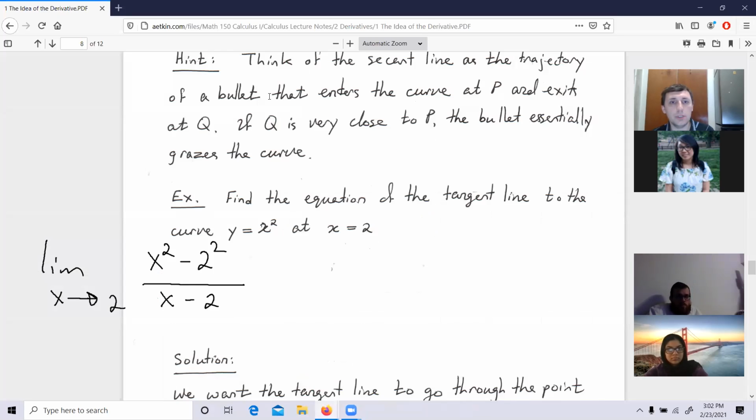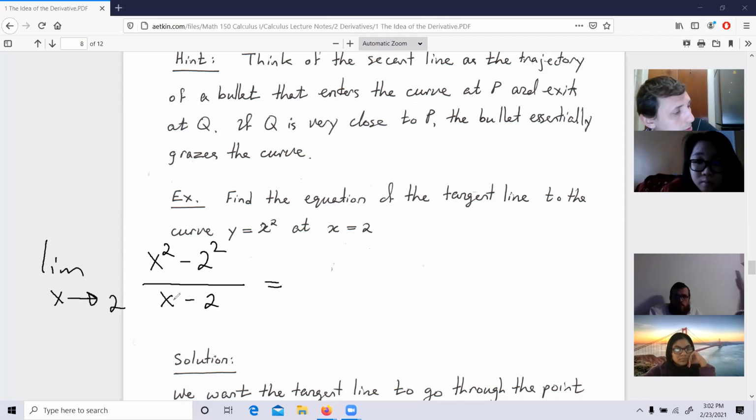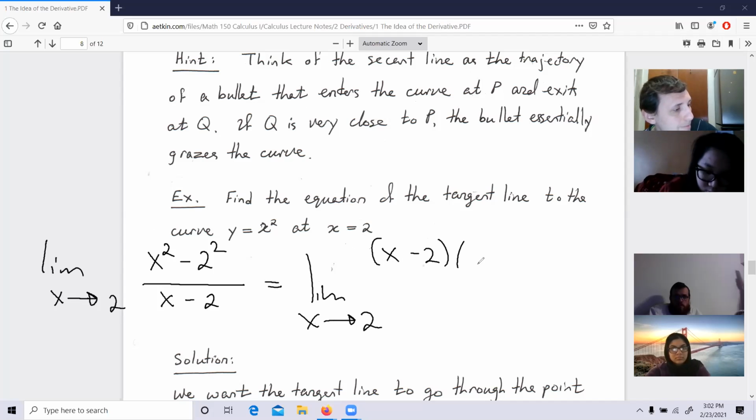Now help me calculate it. You see, just by logic, I'm able to figure out what I'm searching for here. So the limit becomes the slope m, exactly. The limit is the slope m, because in the limit, the 2 points merge. So then it's very easy. Then I factor, it's 0 on the bottom, right? So I factor it out. So I write limit as x goes to 2. And here the numerator I factor and write it as x minus 2 times x plus 2, divided by x minus 2.